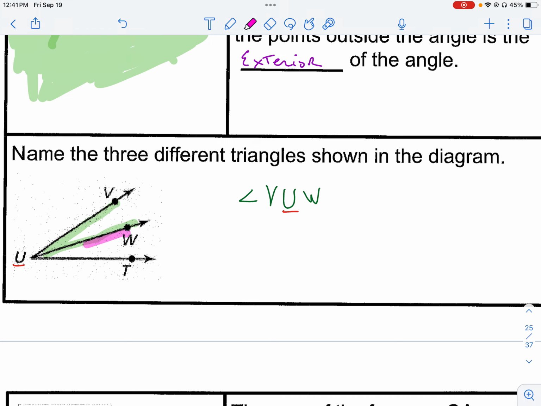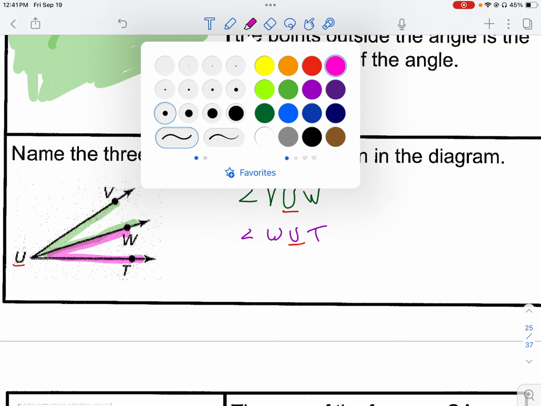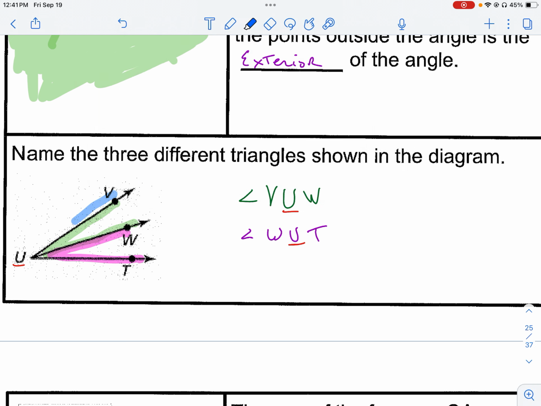The second one is this little angle here, angle WUT. Again, vertex in the middle. And our last one is the big angle right here, angle VUT. I don't have to say it, but I will: the vertex is in the middle.